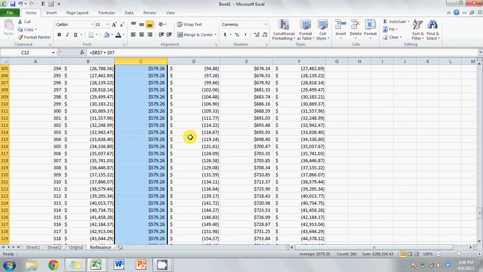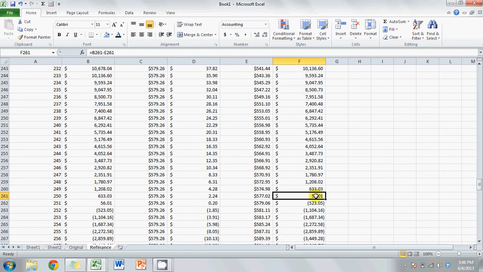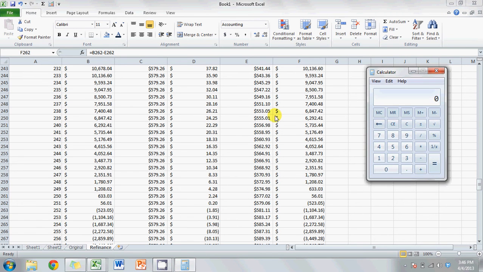So if you want to know how long that is, you take 262 divided by 12, because there's 12 months in a year. And you can see now you've actually shaved a few years off your loan. You've only got 21.8 years left instead of 25 years left on paying your loan off. So you did save yourself a few years if you continue making the same monthly payments that you are now.